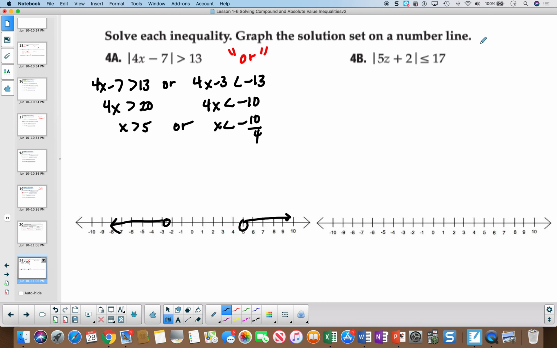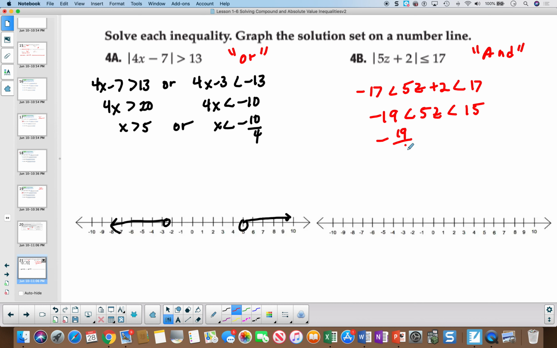Okay, this is a less than, so I think and, which is always this between situation. So I write 5z plus 2 is between the distance 17. We're going to go over a distance of 17, and then we're going to go in the opposite direction, negative 17. I'm going to subtract 2 on both sides. Negative 19 is less than 5z, which is less than 15.